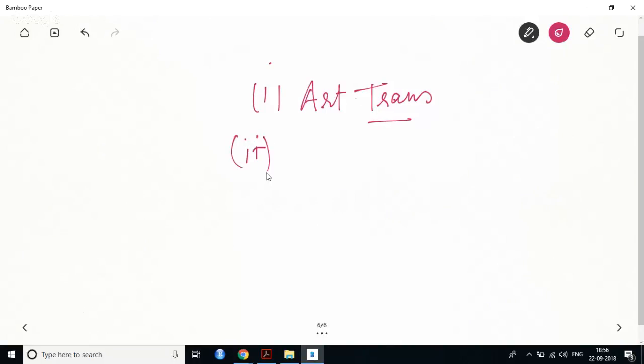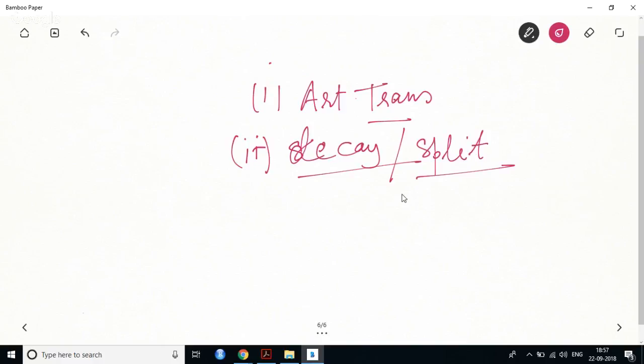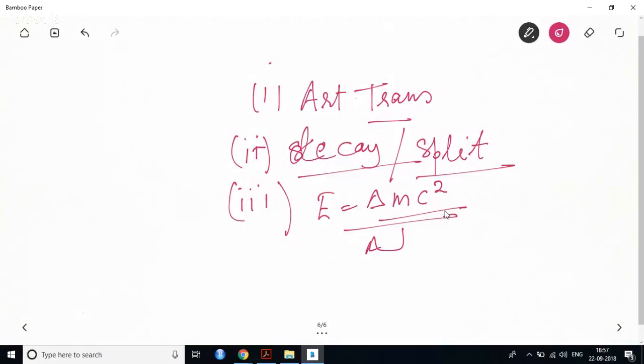The second concept is decay, the splitting of a large nucleus into smaller nuclei. The third concept is that change of energy leads to change in mass, or change of mass leads to change in energy, which is E equals delta m c squared, as simple as that.